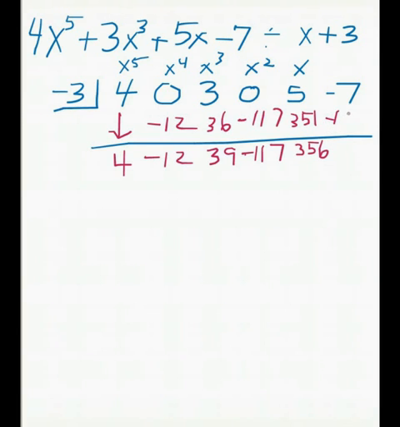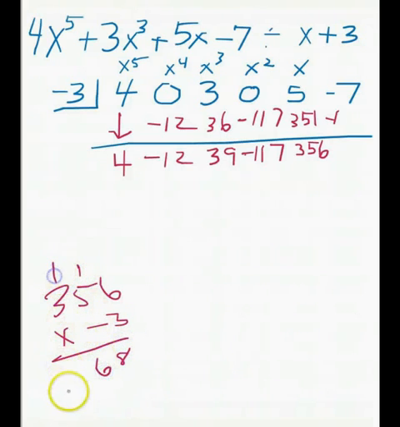Oh my gosh. 356 times 3. Let me go down here and just jot that real quick. This is called planning ahead. Okay, 18 carry the 1, 16 carry the 1, 1068. Negative 1068. Plus negative 7 is negative 1075.